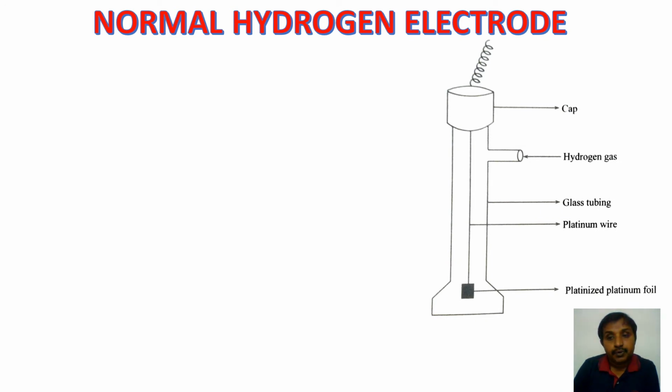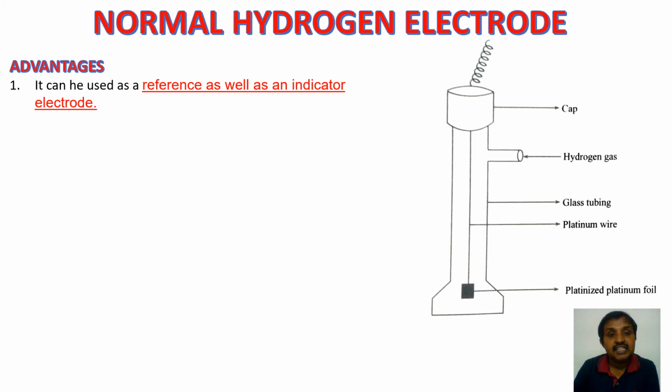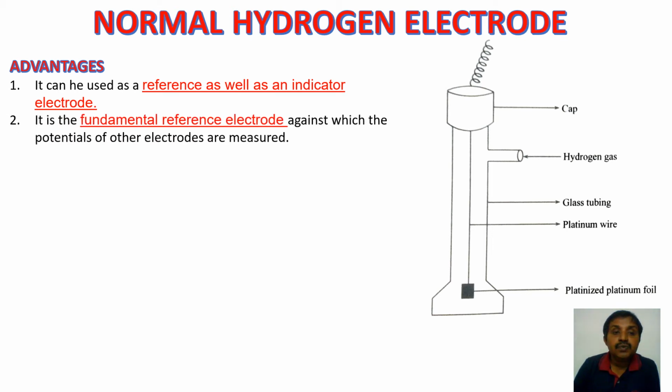Normal hydrogen electrode. Let us discuss the advantages of the normal hydrogen electrode. The first advantage is it is used as a reference electrode as well as an indicator electrode. It is used as the fundamental reference electrode against which the potential of other electrodes is measured.